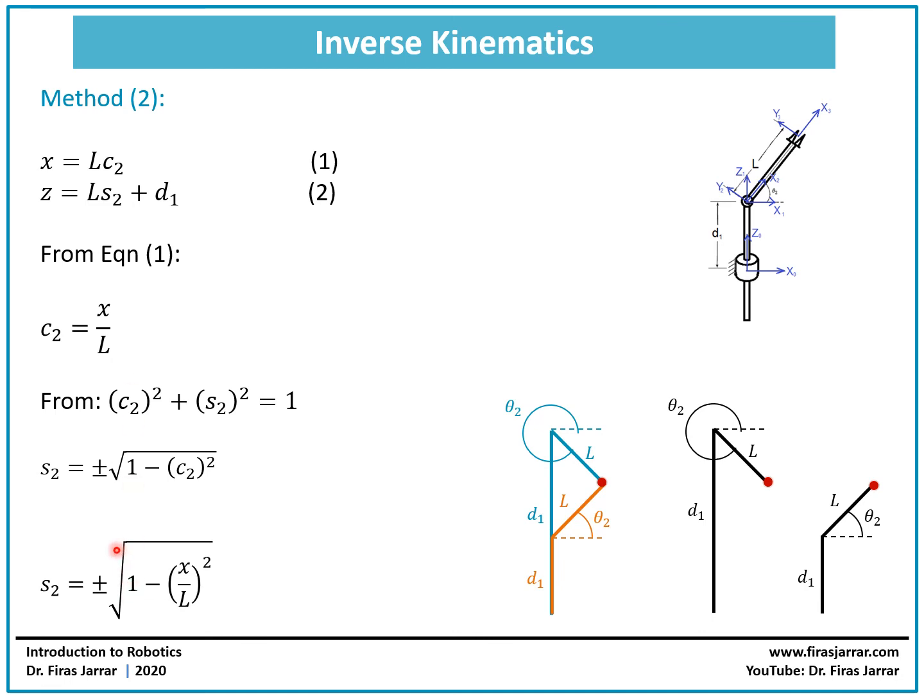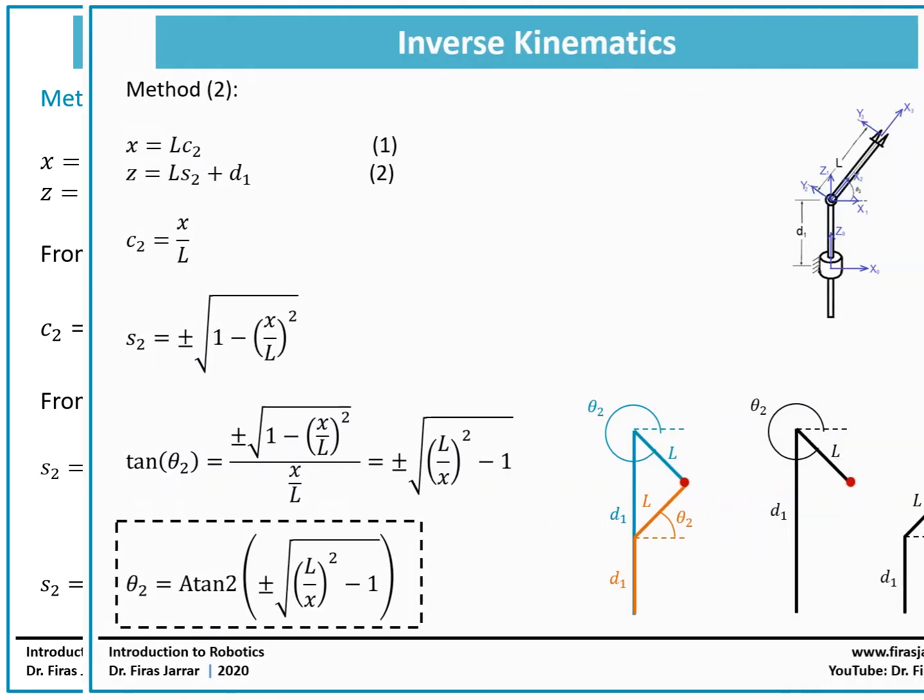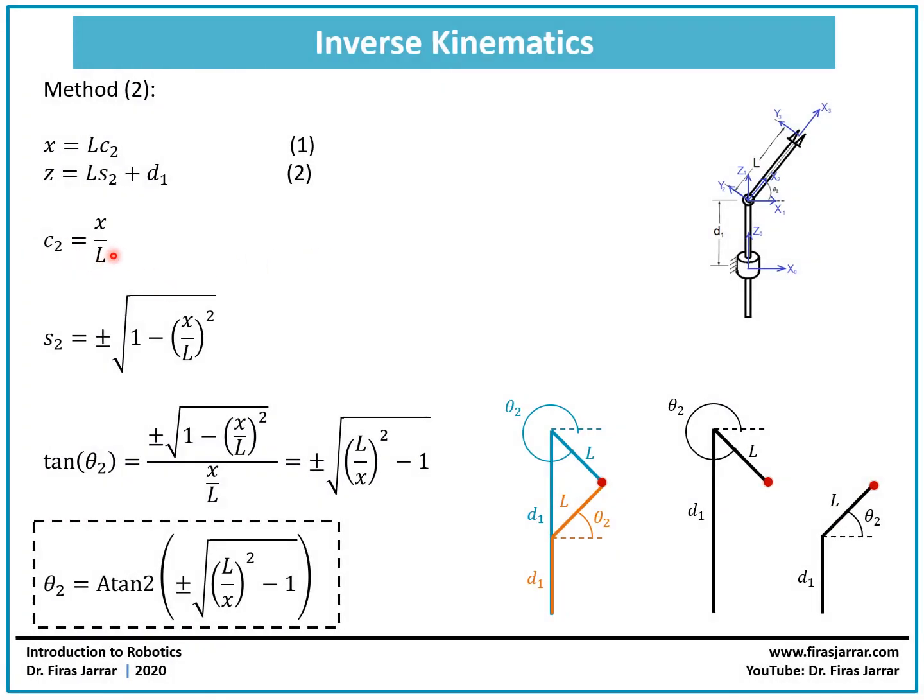Now theta 2 will obviously have two possible solutions, and this makes sense also from our previous representation. Theta 2 could be, for example, in the first quadrant or in the fourth quadrant. So once we have cosine theta 2 and sine theta 2, dividing sine by cosine, we get a formula for tan theta 2.